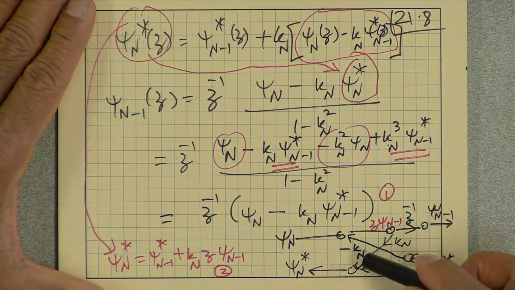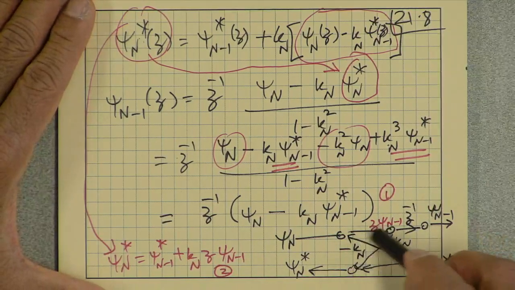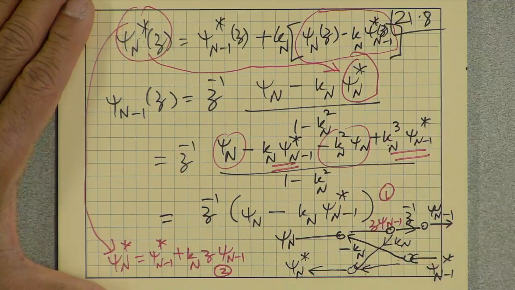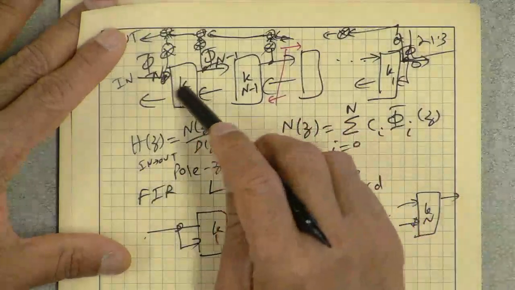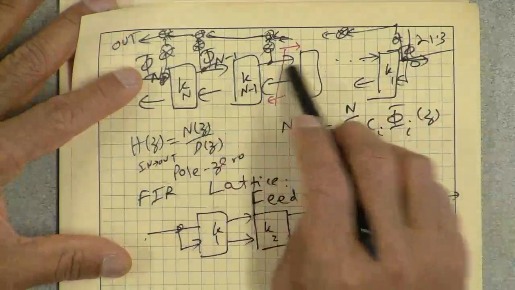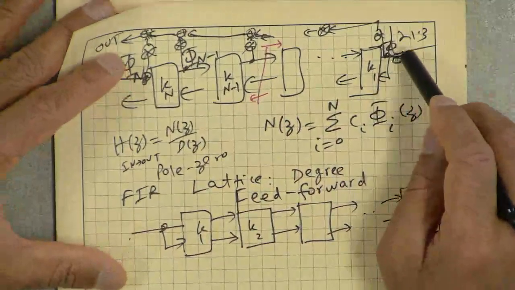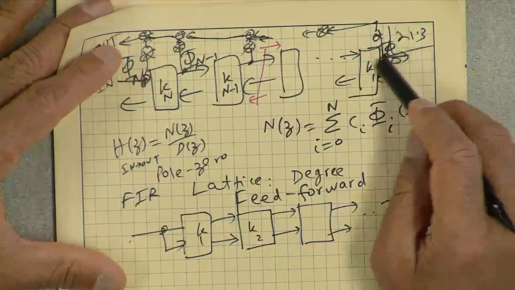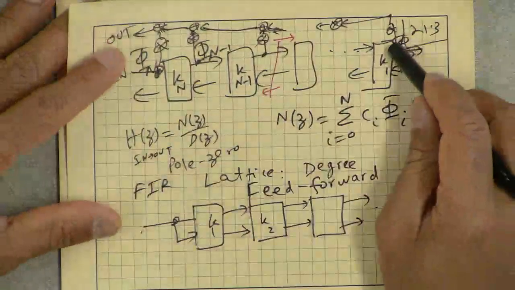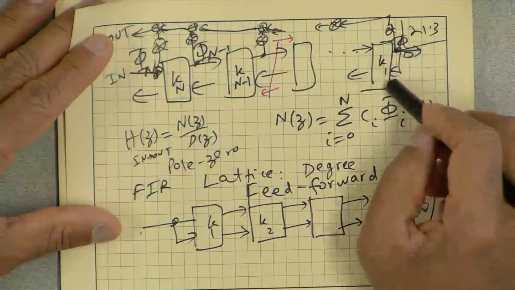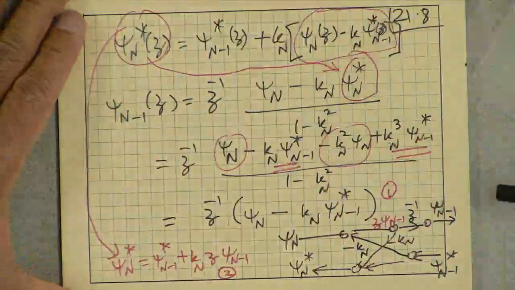All we need to do is reduce the degree, replace kn by kn minus 1, kn minus 2, etc., and keep repeating these stages. At the very end, the polynomial psi 0 will be a constant, and we just connect that back to itself. That's how we complete the whole IIR lattice.